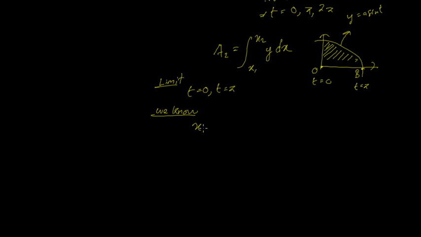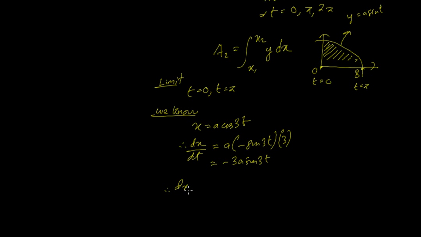Therefore the derivative of x is dx by dt, which is a times minus sine 3t into 3. So this would be minus 3a sine 3t. Therefore the substitution of dx would be minus 3a sine 3t dt.